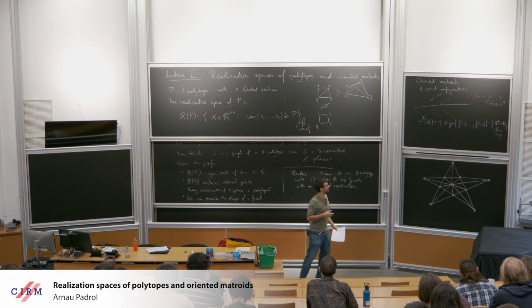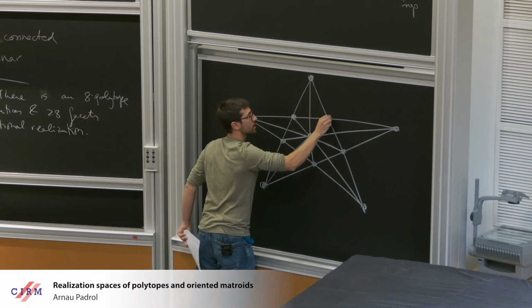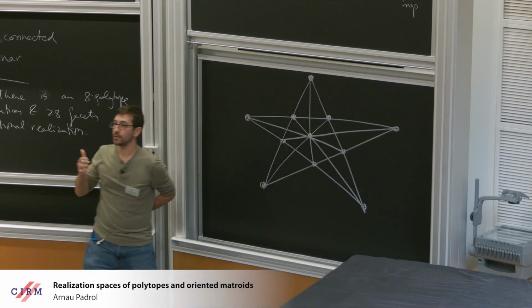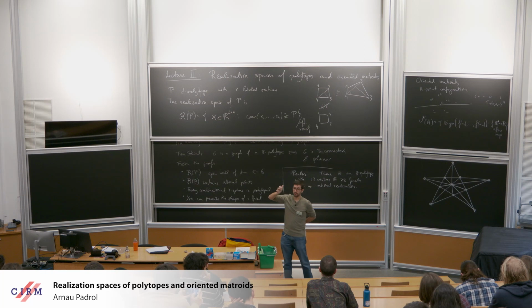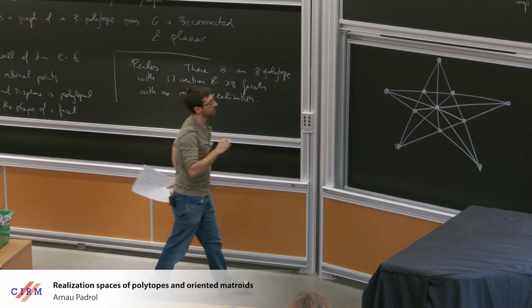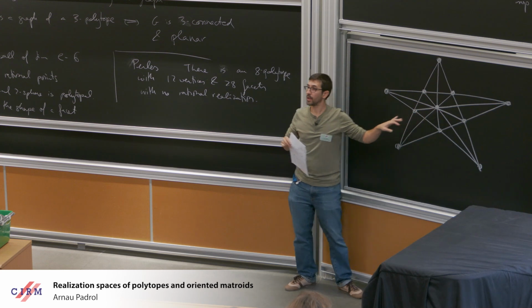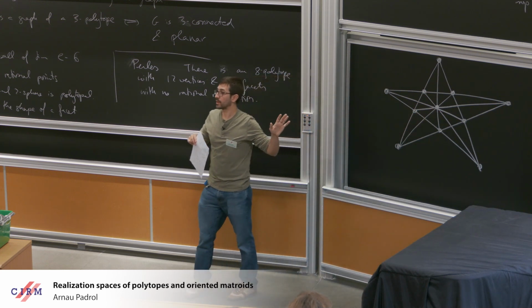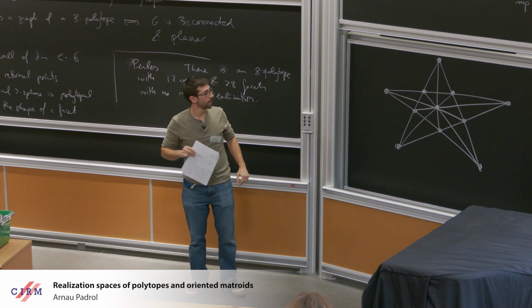If I take these 4 points, for example, they form a projective basis. So if I mod out by projective transformations, I can fix the coordinates of these 4 points. And what I mean by projectively unique is that once I fix the coordinates of these 4 points, I know the coordinates of all the points. So there's a single realization up to projective transformation.